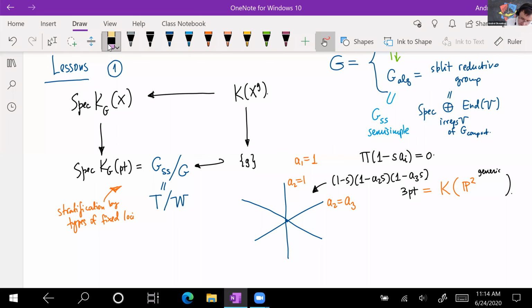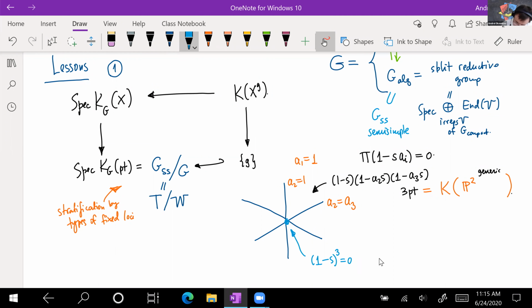Right? So a generic element in my group sits in some torus, so it is a torus that fixes 3 points in projective space, and this is that. So now what's the opposite situation? The opposite situation is where all these guys are the same. This means here I get 1 minus S cubed equals 0.